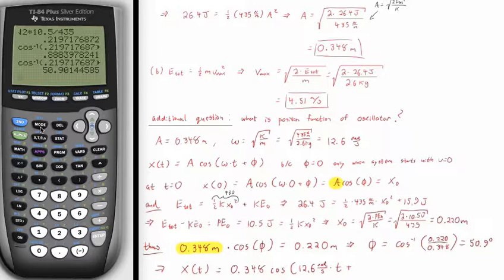That's true of all oscillators and waves. So here we absolutely want our phase angle as 0.888, and that's radians. Okay, all done. There is our final answer.